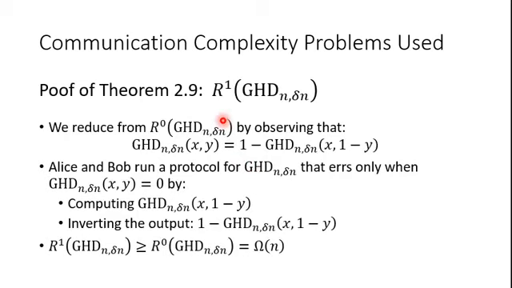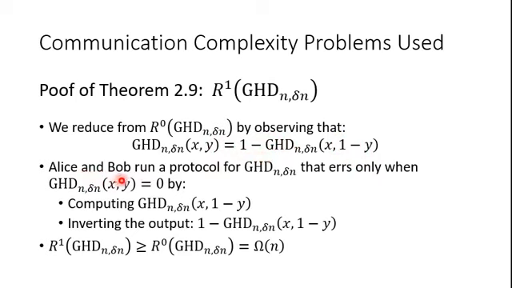So now we will see the other side, which is when the protocol makes errors only when the GHD output is supposed to be 1. So we'll actually use the results that we saw in the previous proof. We'll reduce from R0, which we just saw, for GHD, by simply noticing that GHD of xy equals 1 minus GHD of x, 1 minus y. So we're just flipping the bits here. Whatever they were different on, they become similar on, and so it makes sense that the output would also flip.